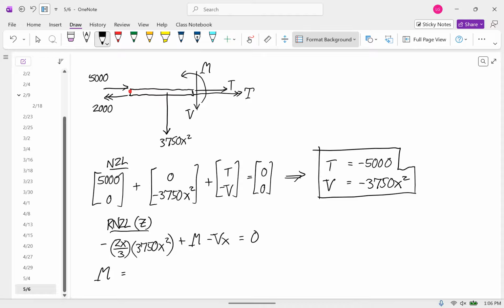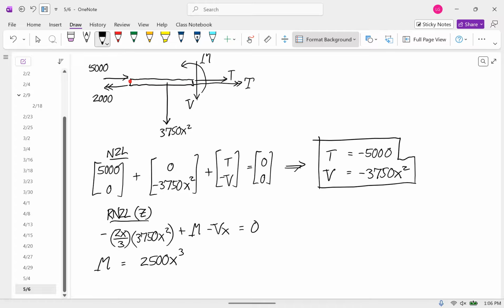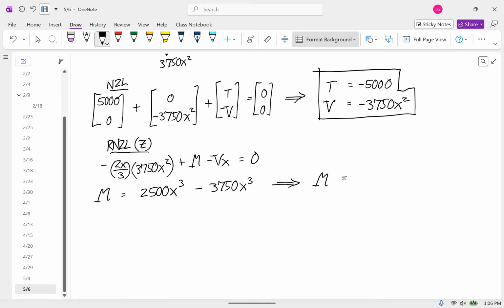So M is equal to 2,500x cubed minus 3,750x cubed. So M is equal to negative 1,250x cubed.